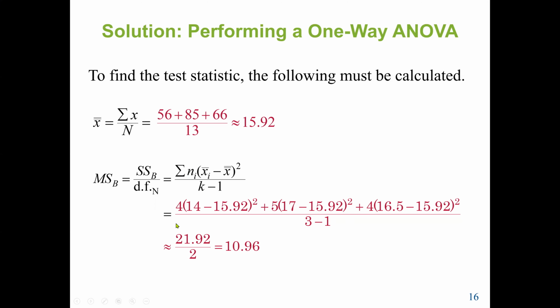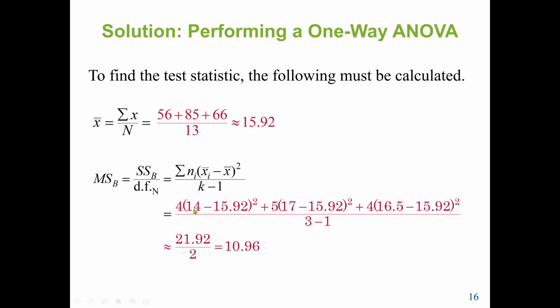For example, first we take the first sample. Remember the sample size is 4, so we have 4 here. What is the mean of the first sample and the overall mean? So that's the difference of the 2 here. The sample size is 5.